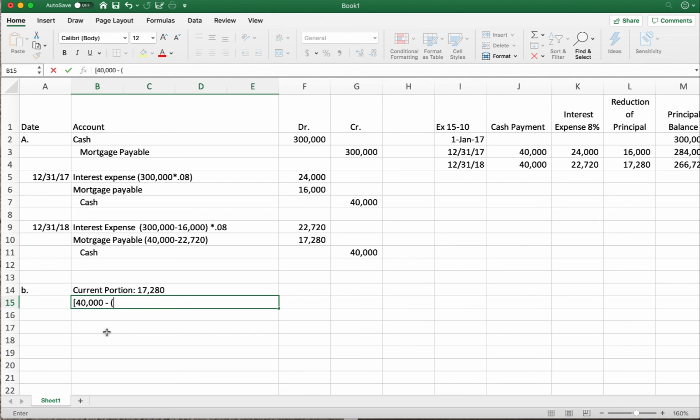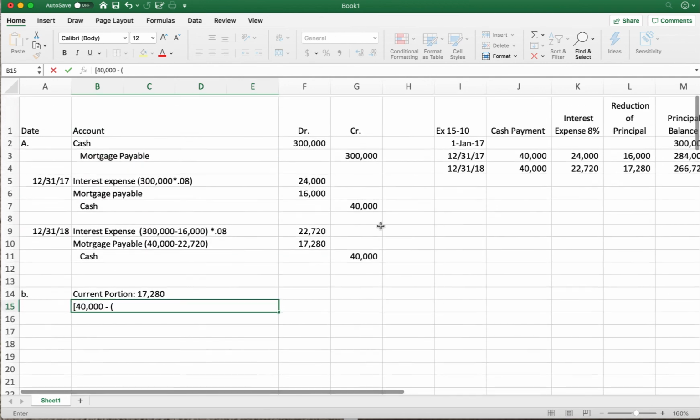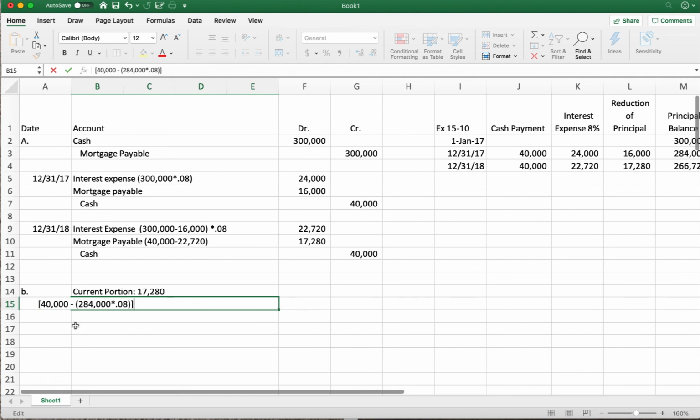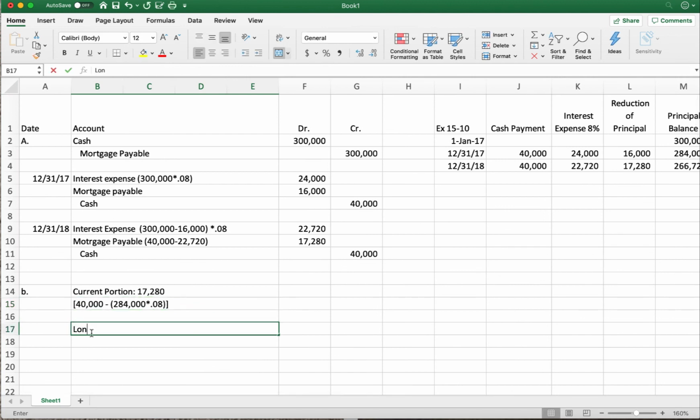I know that the balance after I make my first installment payment is $284,000, times the interest on that second payment, 0.08. I end up with the $17,280.